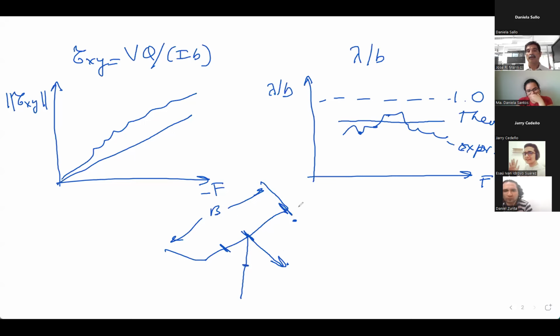Duplicate this on this side, and then you generate a curve like this. What we are saying is that even though the flange is at a constant vertical distance from the neutral axis, you have a distribution of sigma which is not uniform, not constant.